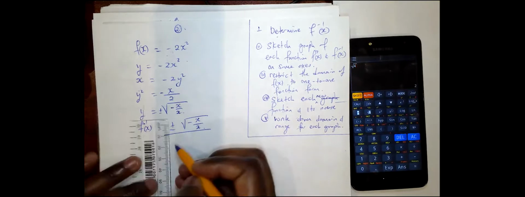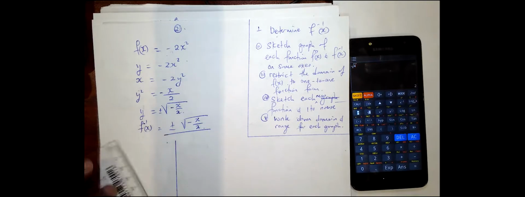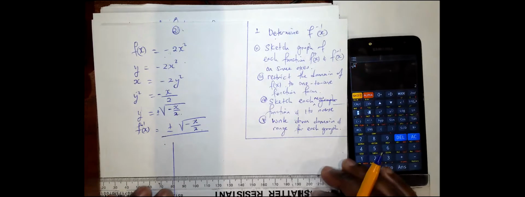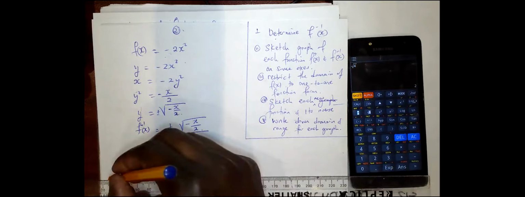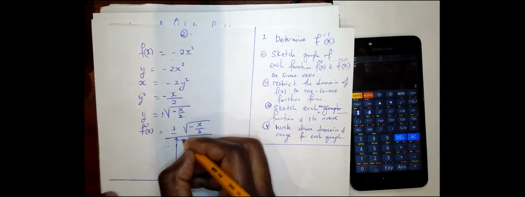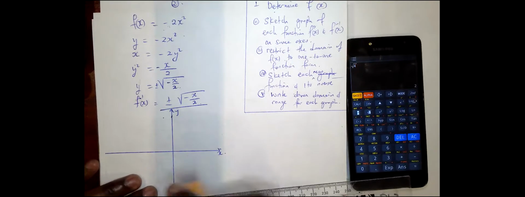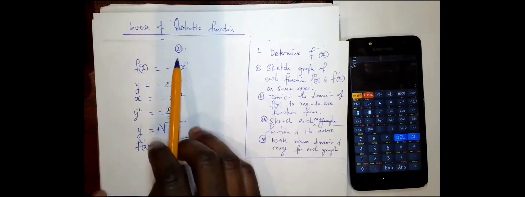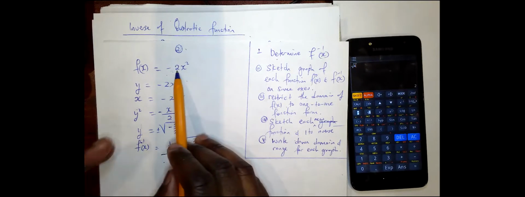Now, some of you wonder, why are you not calculating the intercepts? But in this case, there's no need for intercepts, because we know that it just touches at 0. So we've got the y, we've got the x. Now, because of the negative, remember when we are sketching, you must check the value of a.